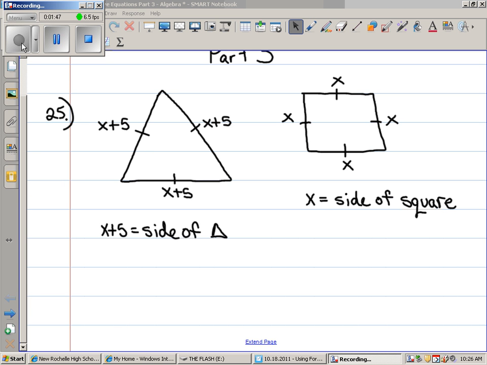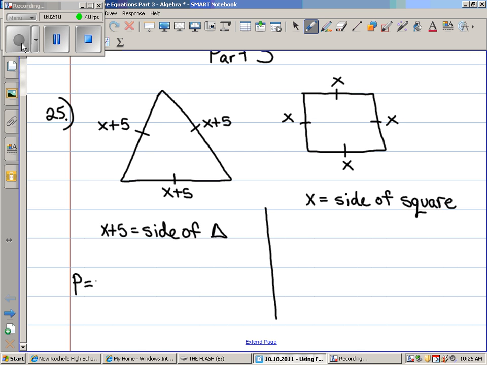All right, now we talked about lots of things yesterday, especially perimeters. It says the perimeters of the two figures are equal. How do you find perimeter? Add up all the sides. But let's split our page up so we can keep track of stuff. So what's the perimeter of this triangle? Close. It's not x plus 15 because we got 3 of these, right?